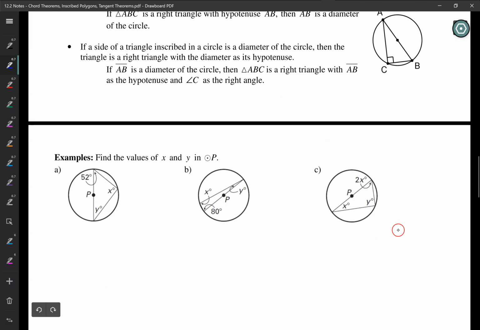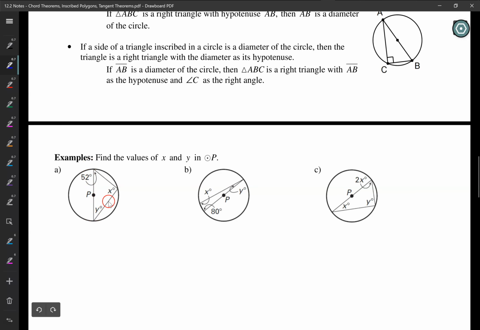So let's look at some examples here. So anytime you have a point like this, with that P marked in the middle, that means that that P is the center of the circle, which means that this side right here is a diameter because it crosses through the center of the circle.